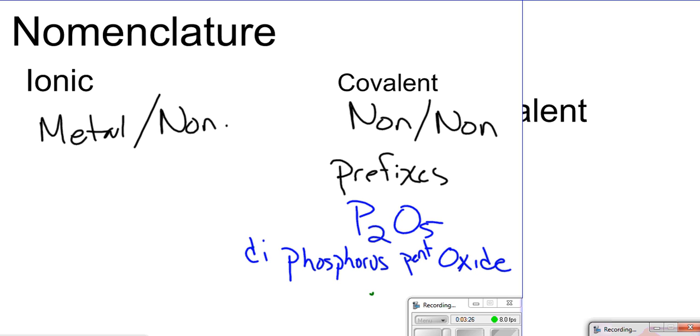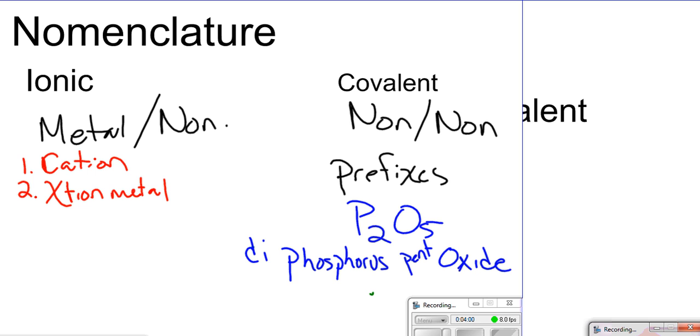Naming ionic compounds is a step-by-step process. And the steps you follow are: first, you name the cation. If the cation is a transition metal, you have to put its charge, because transition metals have numerous charges.